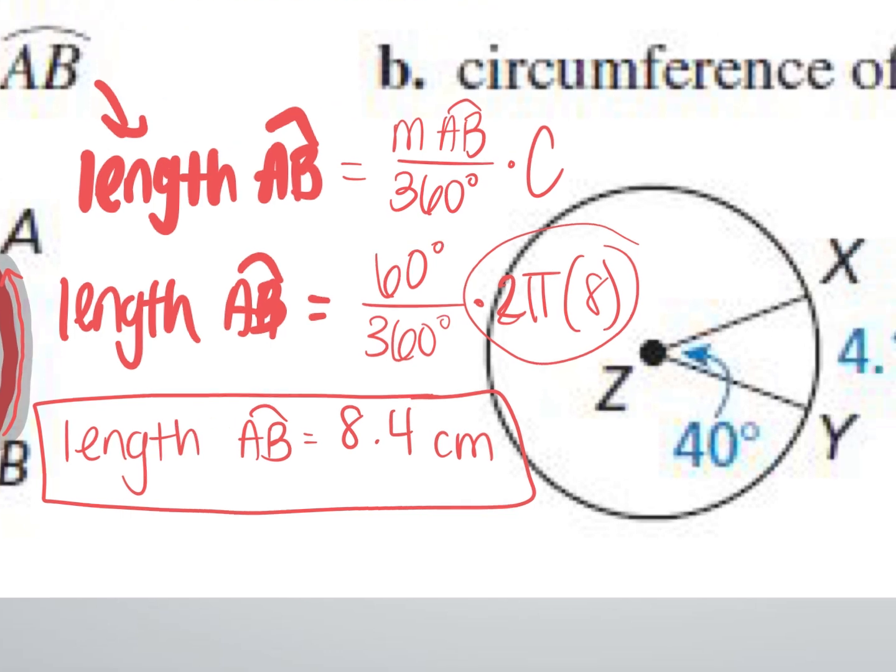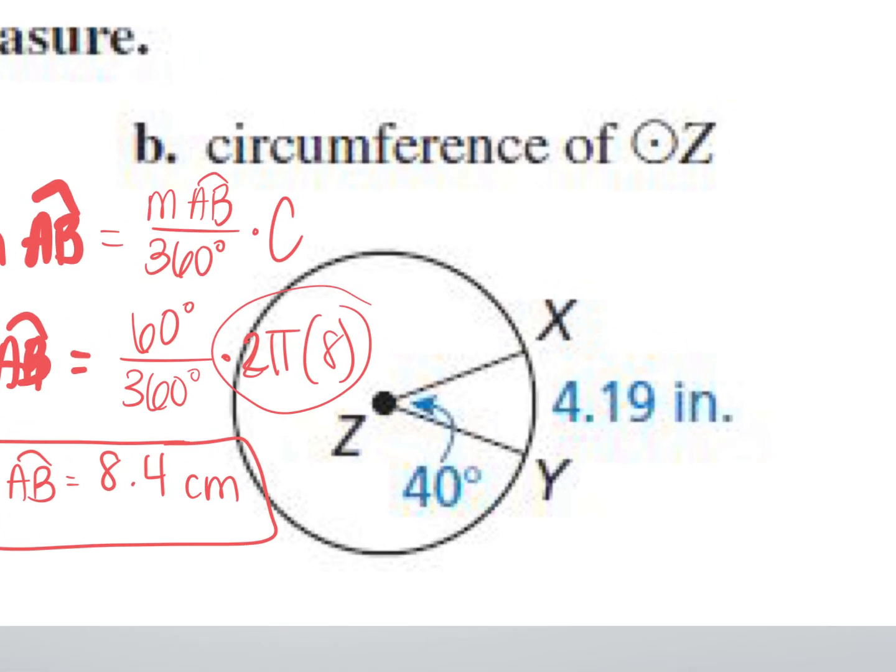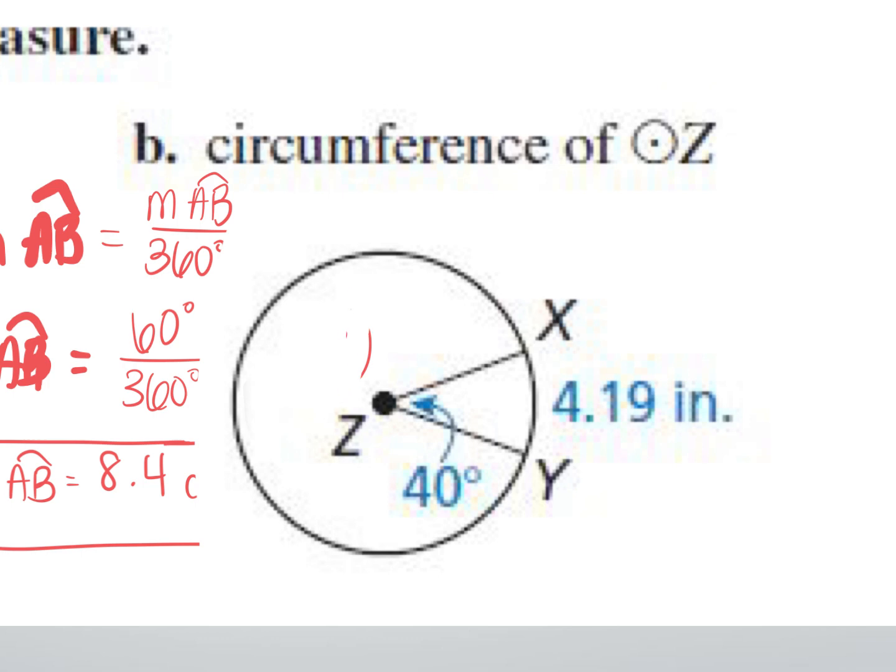Okay, let's check out B. In letter B, it wants us to find the circumference of the circle Z. All right? But it gives us the arc length and it gives us the measure of the arc. So let's set up the exact same formula. It's going to be the length of what arc?